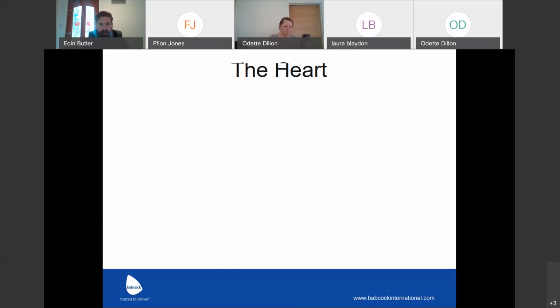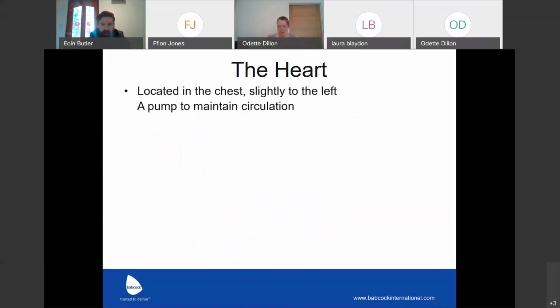So the heart itself. It's located in the chest, slightly to the left. It's to maintain circulation. It's made up of two halves. The right side carries deoxygenated blood. The left side carries oxygenated blood.